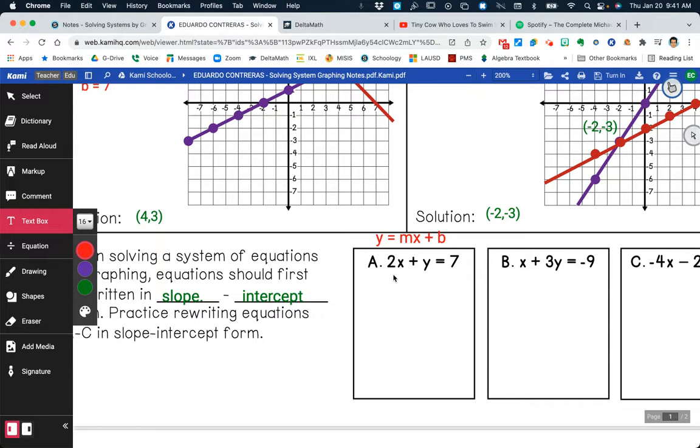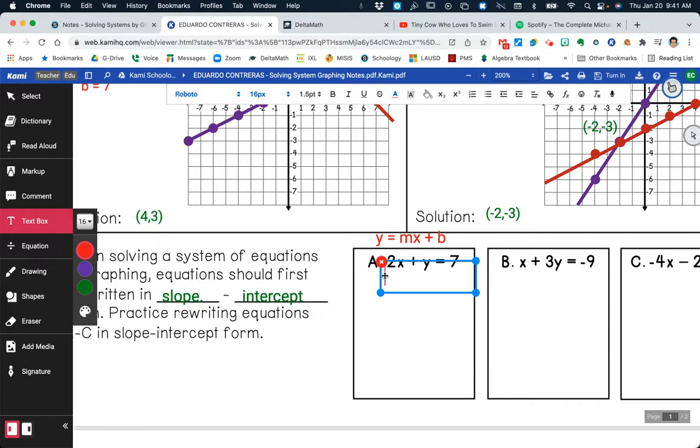We want to eliminate it on the left. So we want to do the opposite of 2x to get rid of it. What's the opposite of 2x? Negative 2x. So underneath the 2x, I'm going to type in, and luckily it's in red already, negative 2x. Oops, negative 2x. Come on, Mr. Contreras. There you go.